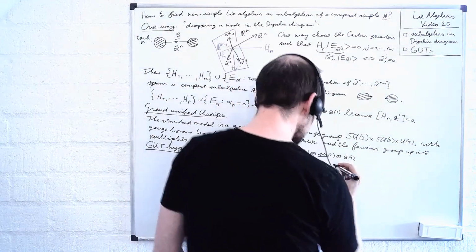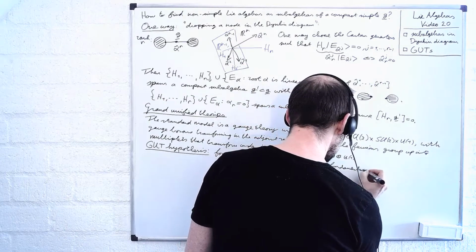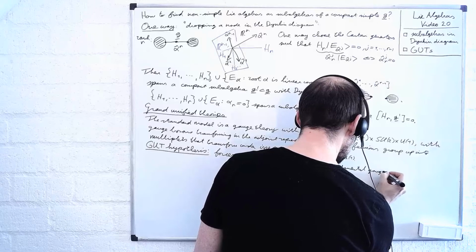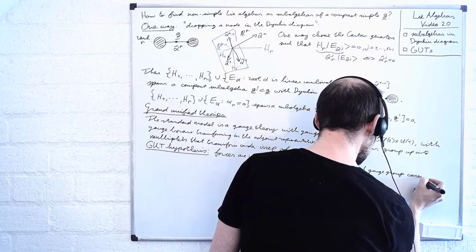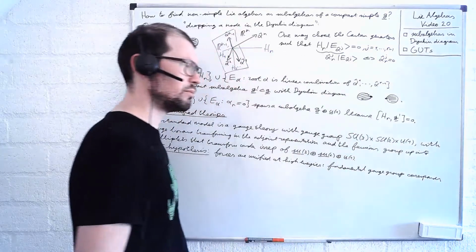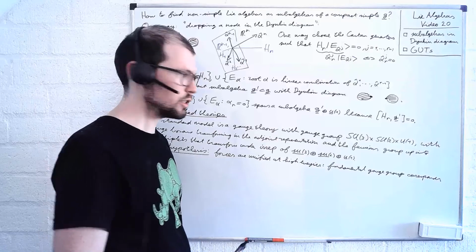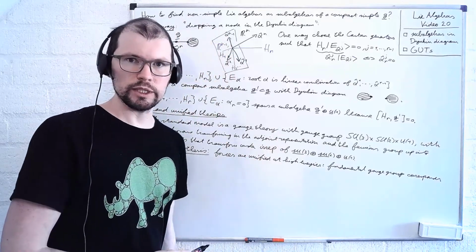Meaning that the fundamental gauge group corresponds, now not to a direct sum of Lie algebras, but to just a single simple compact Lie algebra.